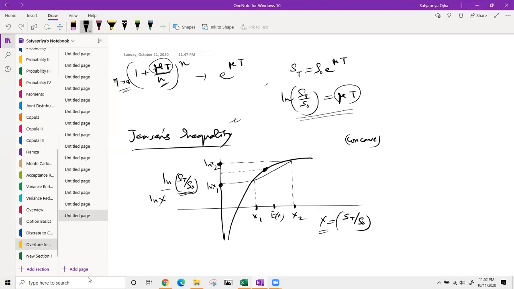The value of the function at average x, correct, because E[x] is here. At E[x], the value of the function is here. This is the value of the function at average x. So I made a mistake there. Okay.